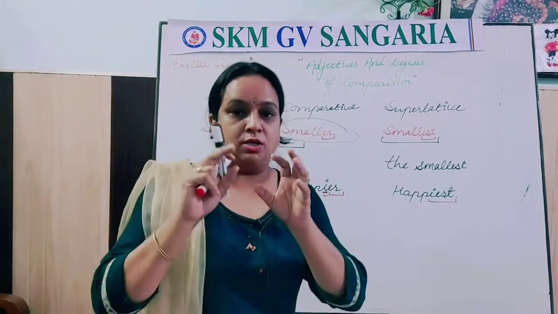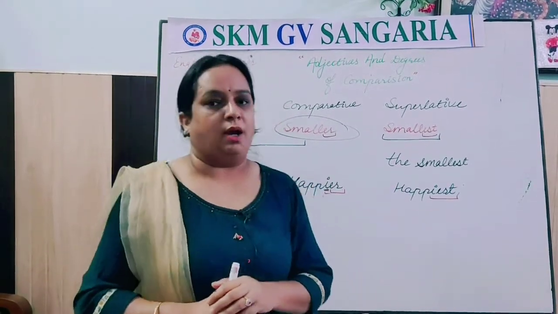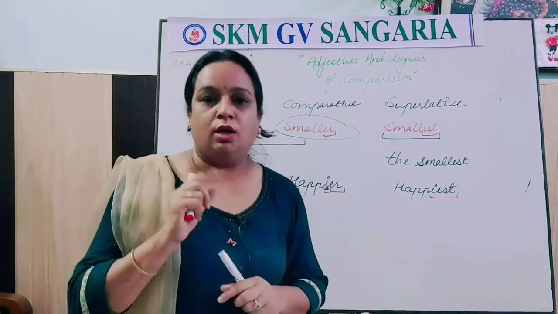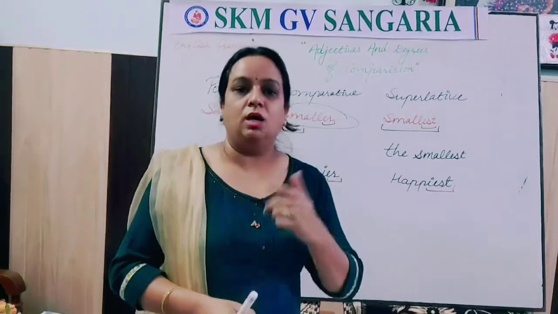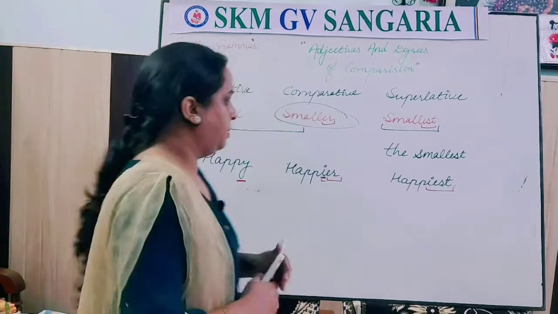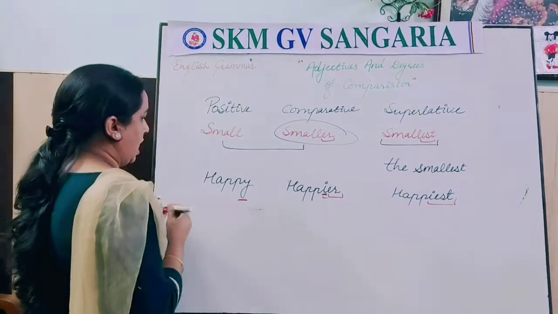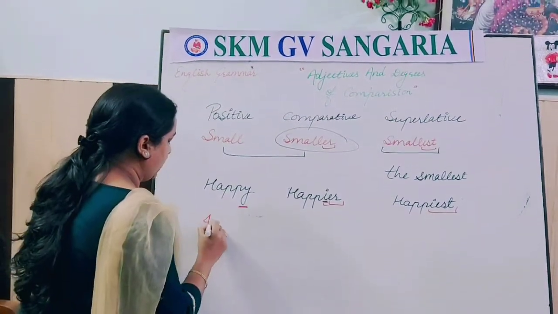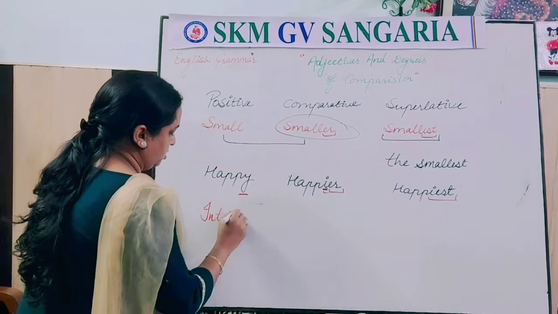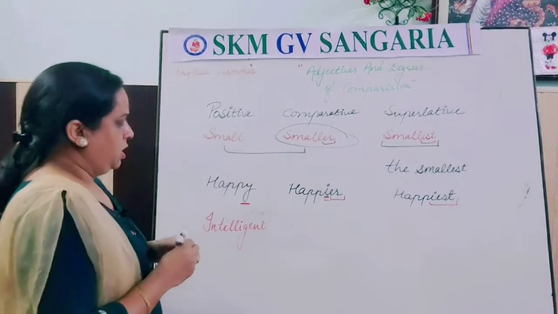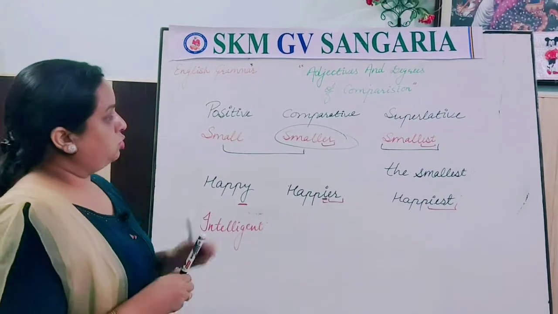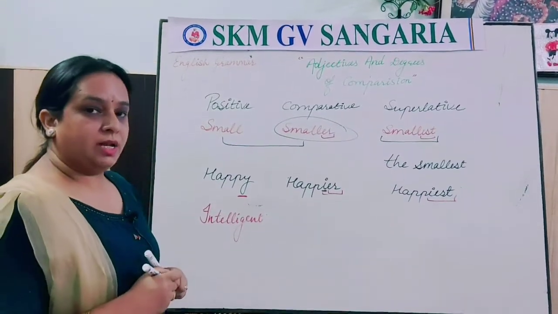But one thing you have to keep in mind, everywhere you cannot place this ER and EST. I will tell you one more example. For example, I am writing here intelligent. Now, what is the comparative degree of intelligent?